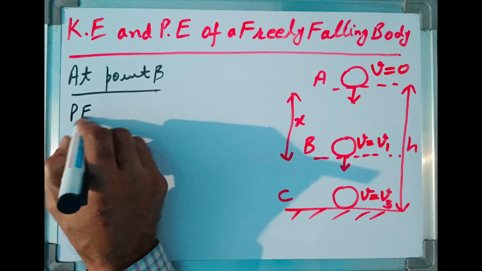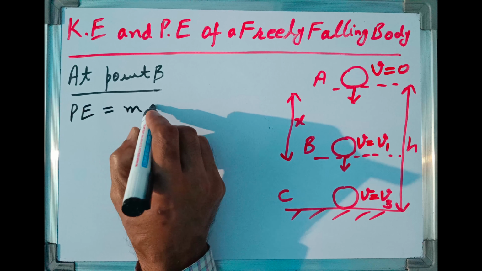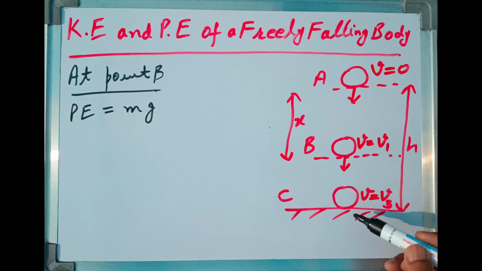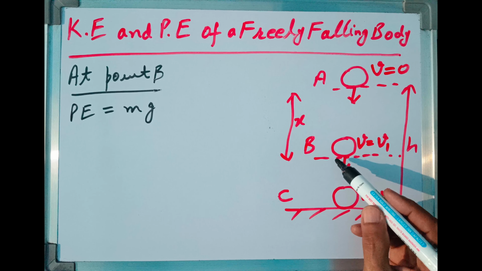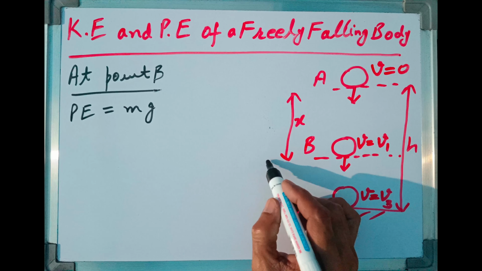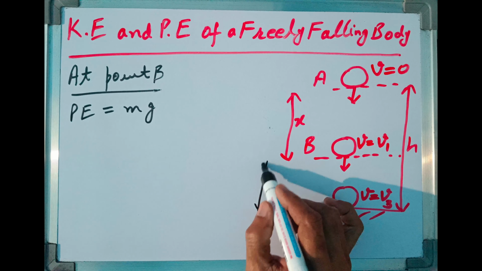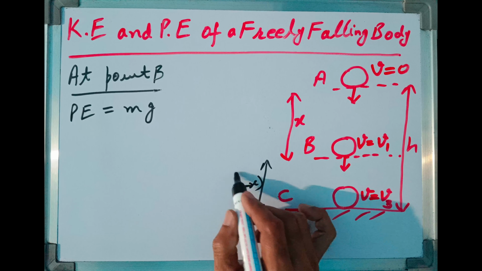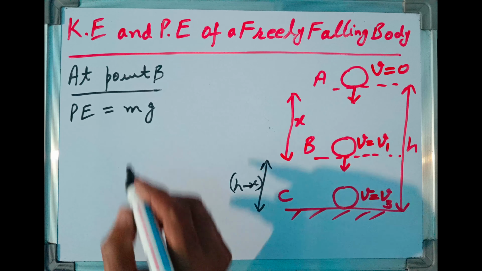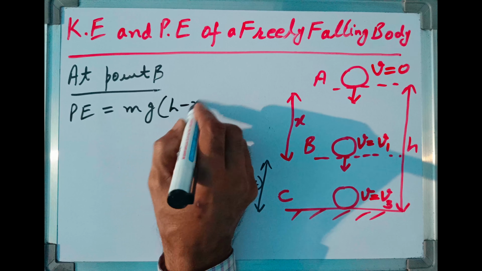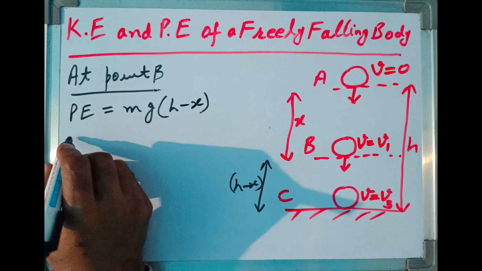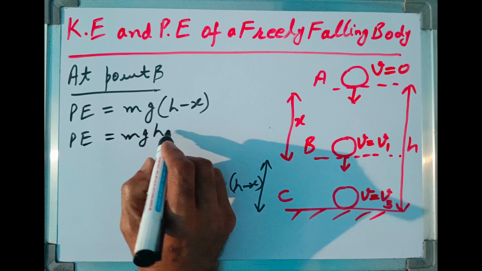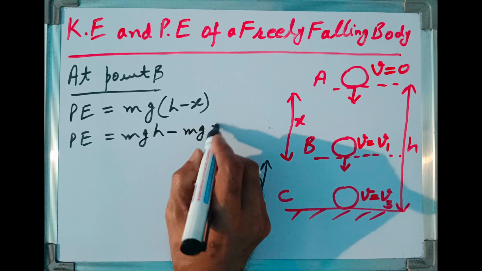Potential energy can be calculated as mass of body into g into height of the body from ground level. And when it is at point B, height of the body from ground level does not remain h, but it becomes h minus x because it has traveled a distance x. It will be mg(h minus x). It can be written as potential energy equal to mgh minus mgx.